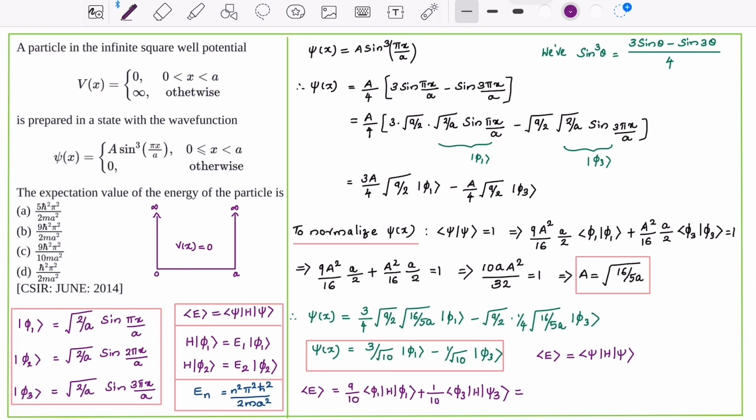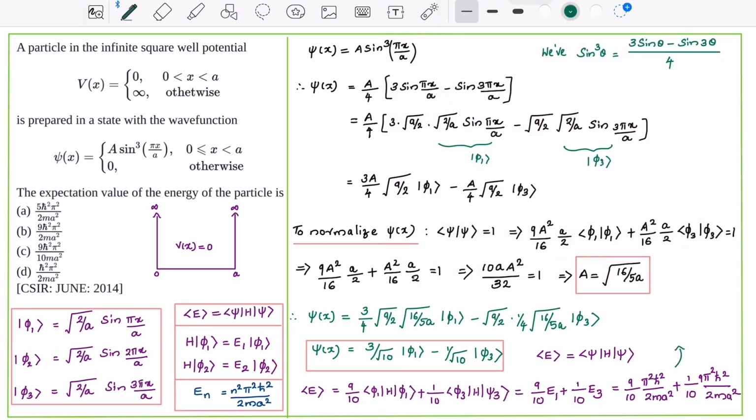The answer is 9 by 10 E1 plus 1 by 10 E3. Now what is E1? E1 is pi squared h bar squared by 2ma squared. Therefore the first term is 9 by 10 times pi squared h bar squared by 2ma squared. The second term is 1 by 10 E3. What is E3? It is 3 squared pi squared h bar squared by 2ma squared, that is 9 pi squared h bar squared by 2ma squared.